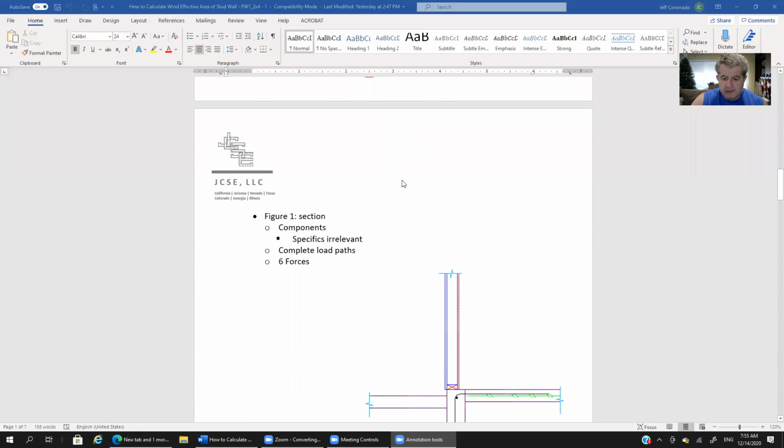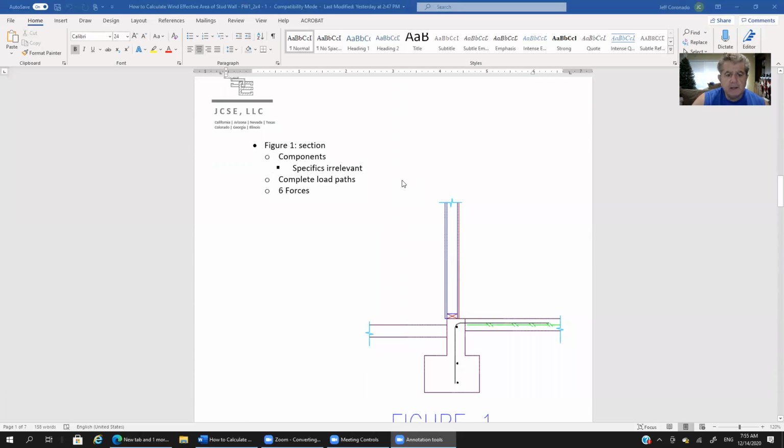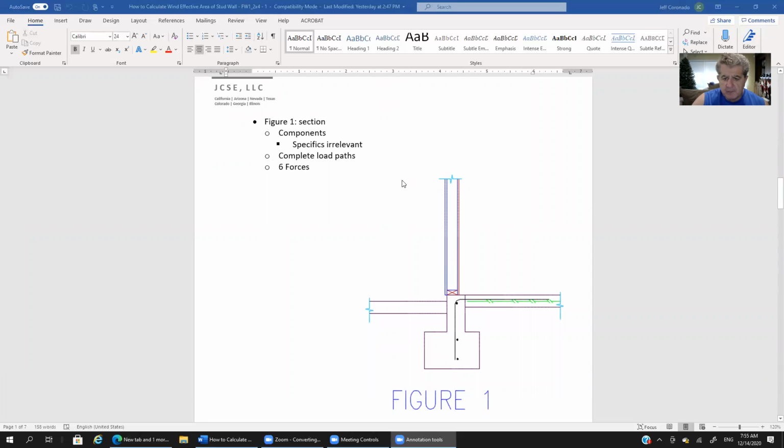All right, let's take a look at this figure here. So let's identify the components. Let's start from the ground up. So what do we have here? Well, all of this down here is your foundation. So this is your footing.